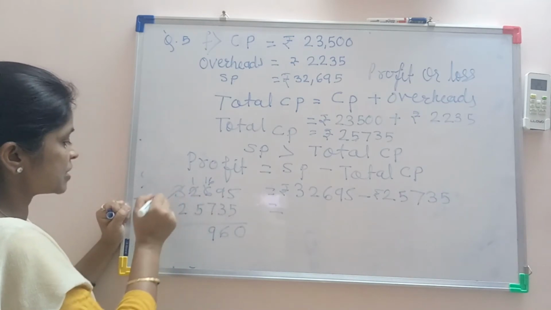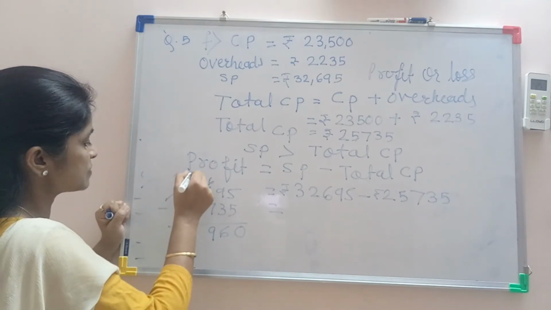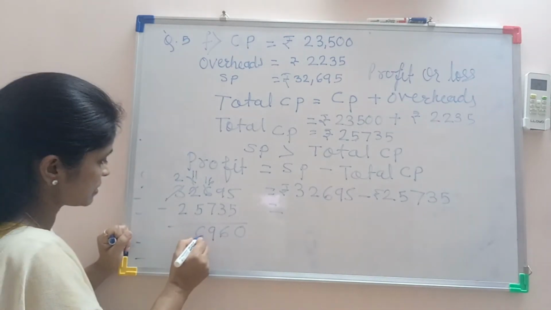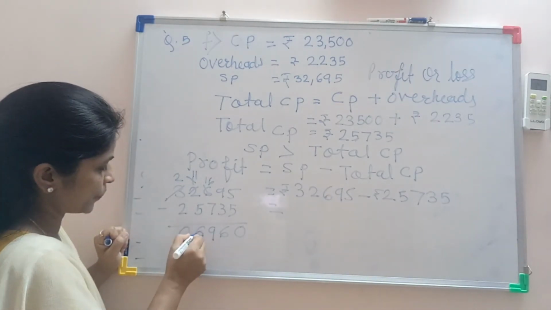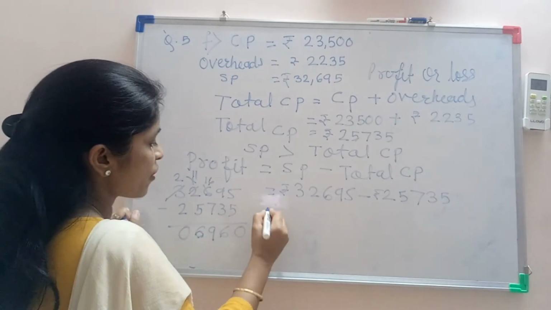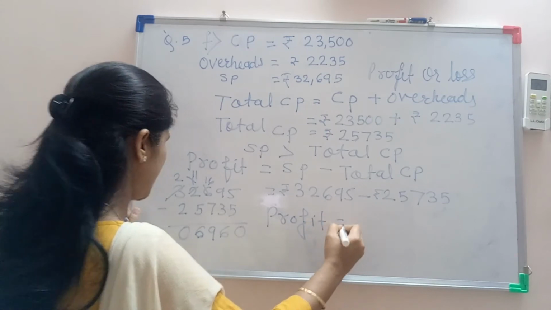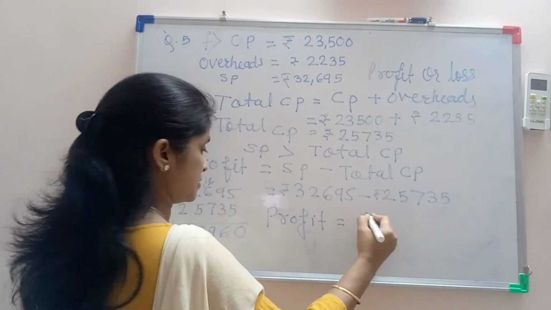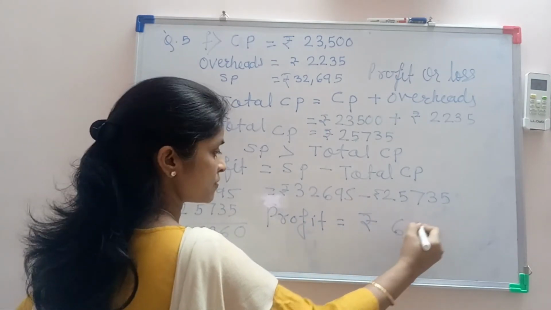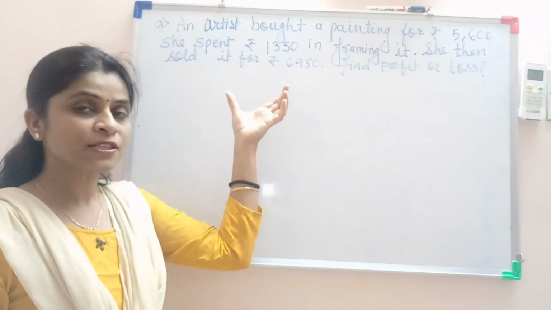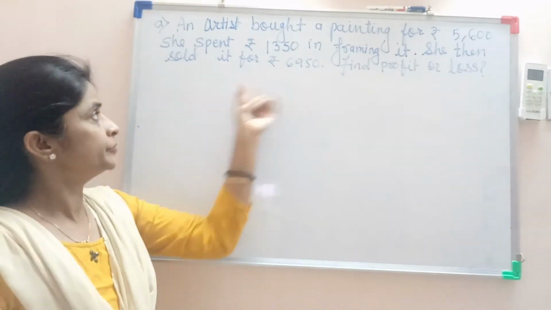So we will regroup the number. 3 becomes 2, becomes 11. 1 becomes 11. Now 11 minus 5 is 6. 2 minus 2 is 0. Now here profit is equal to rupees 5,960.